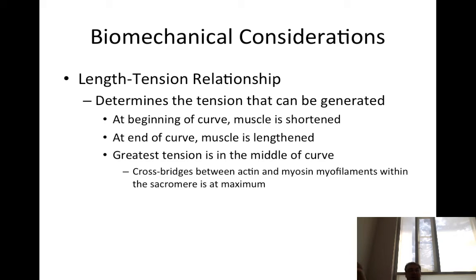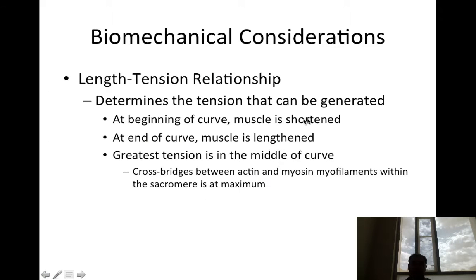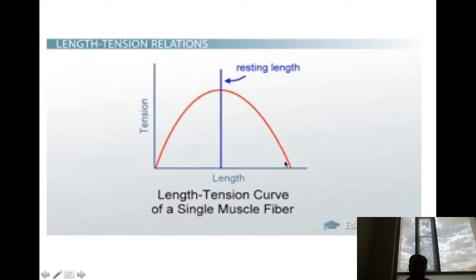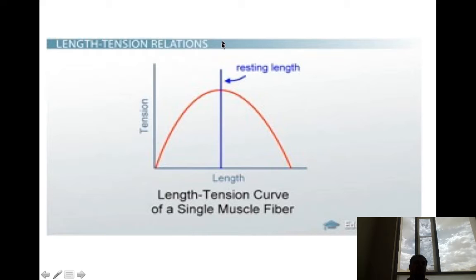Right, so the length-tension relationship determines the tension that can be generated within the muscle. And I have a picture on the next slide here. At the beginning of the curve, here, muscle is shortened. At the end of the curve, muscle is lengthened. Greatest tension is within the middle of the curve. Why? And this says resting length. Don't worry about this.